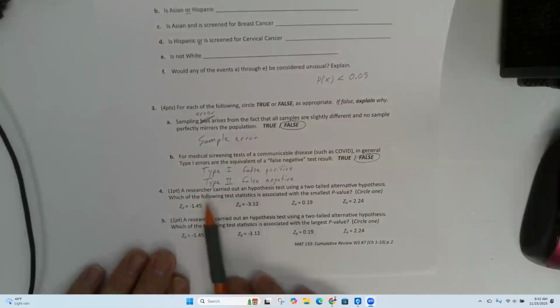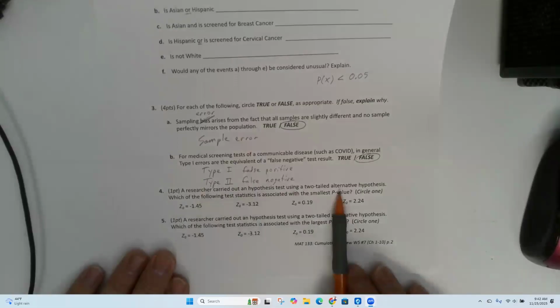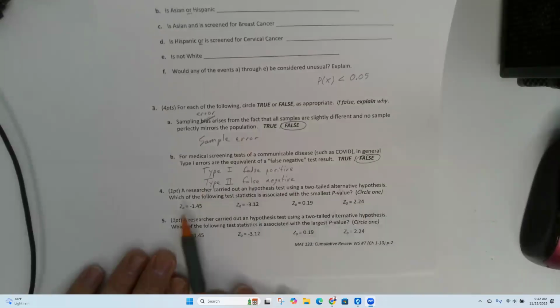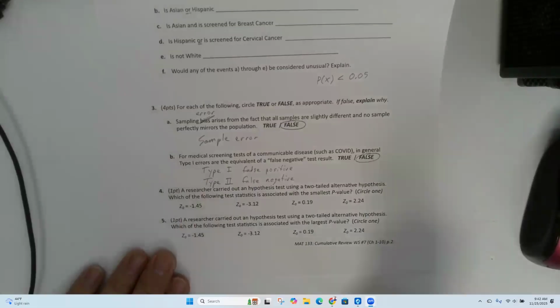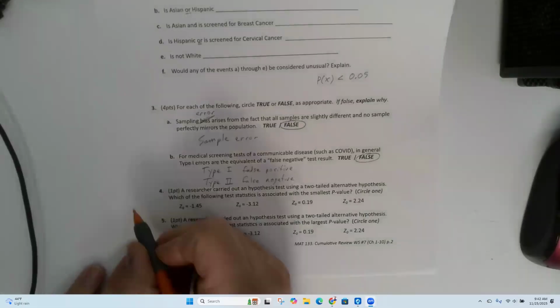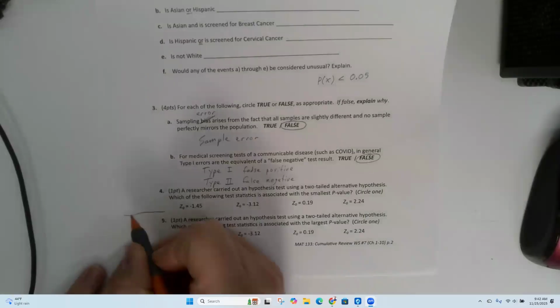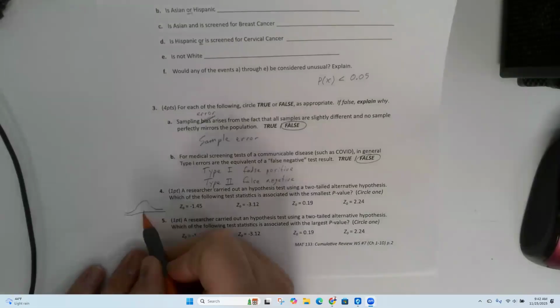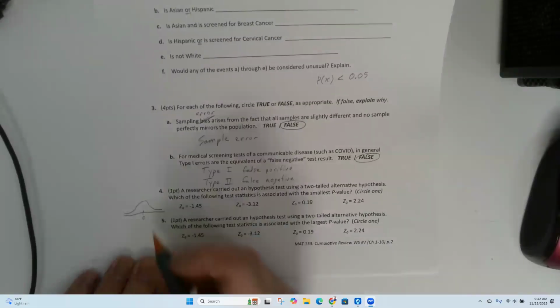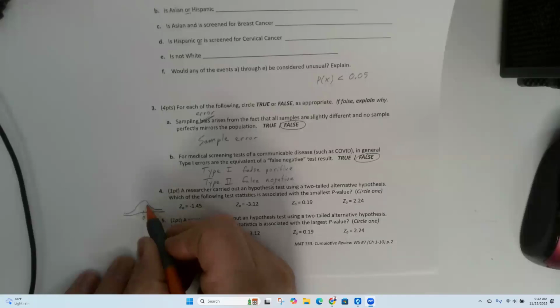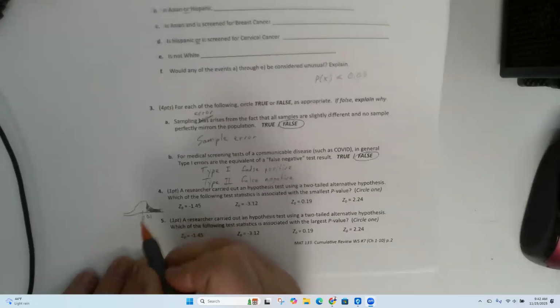All right. A researcher carried out a hypothesis test using a two-tailed alternative hypothesis. Which of the following test statistics is associated with the smallest p-value? So in our normal curve here, right here is 0. If you have a z-value that's very close to 0, like 0.1, you're going to shade almost half of your normal curve.